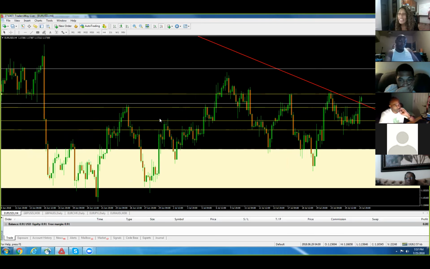that daily. See, how many times has it touched the daily resistance line? Taisha, answer that for me. How many times, see that big candle that broke through there? Right. Okay, it came down. How many times has price retested that daily resistance line?